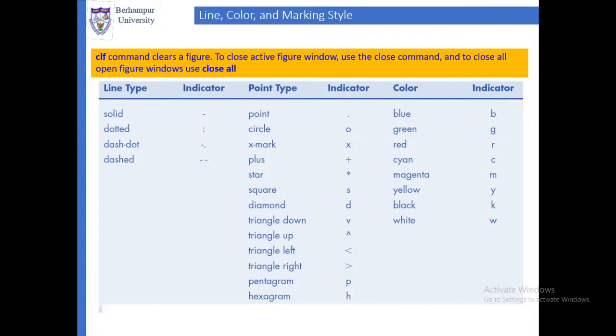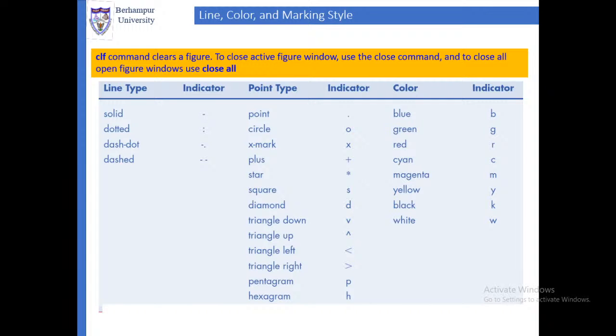So that is what you can do. Two things. One is clearing the figure, other is clearing the window, figure window or all windows. So close all closes all figure windows, whereas CLF clears the figure.